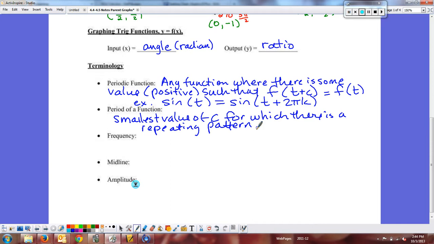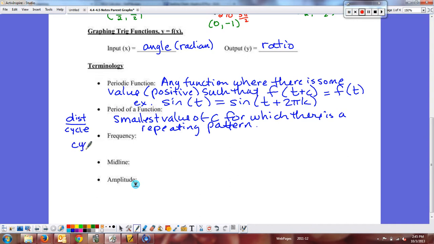Now, once we have the period of a function, usually we want to start talking about the frequency. The period is the distance it takes you to get from the beginning to the end of one cycle, so you can think of this as distance per cycle, and then the pattern repeats itself. The frequency is the reciprocal.